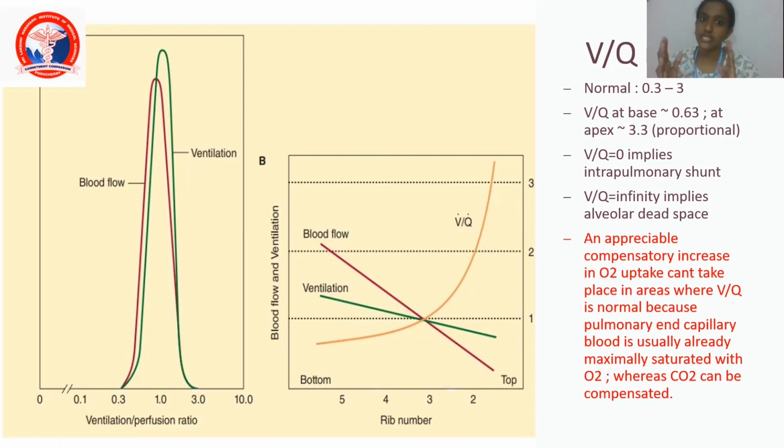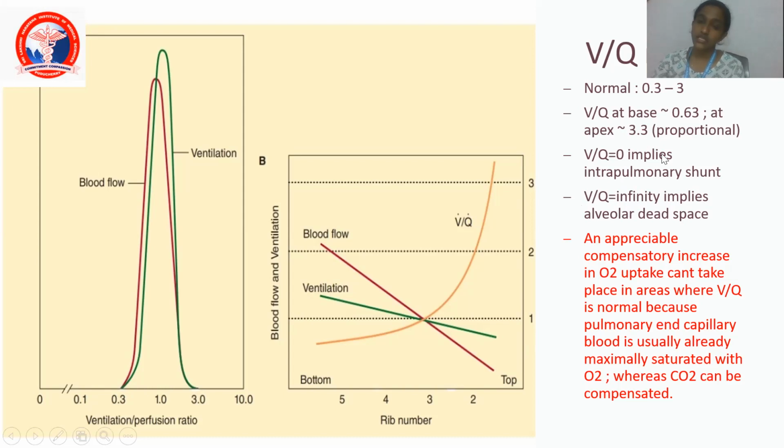There is a wide difference when you compare the perfusion at the base as well as at the apex. Ventilation, there is only a narrow difference when you compare the base and the apex. So actually, the V by Q at the base is 0.63, whereas at the apex it is 3.3.